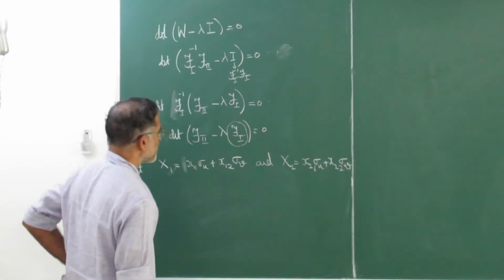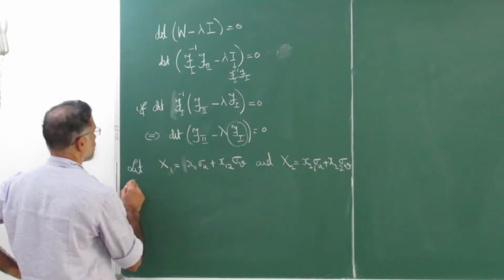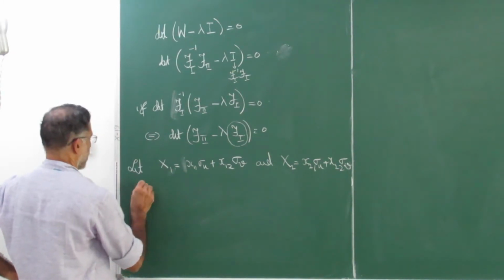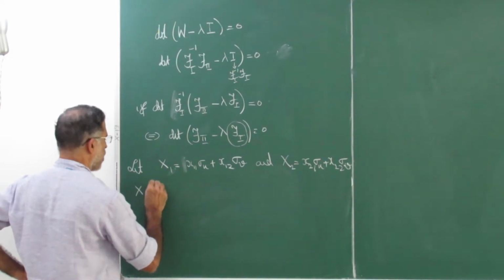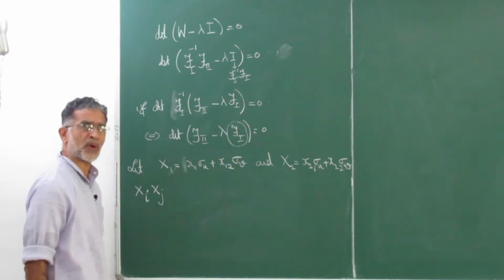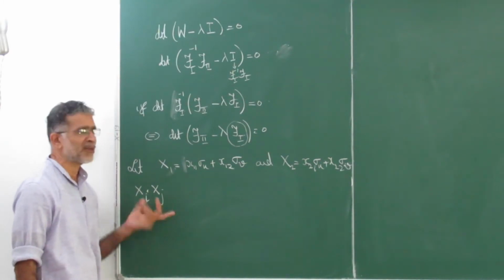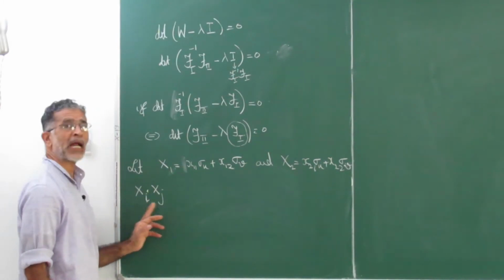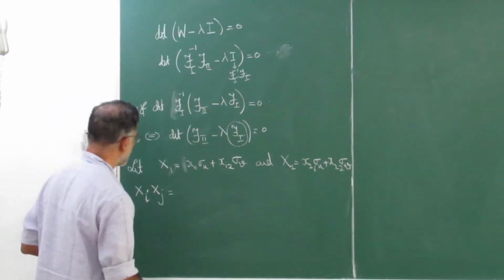What we are interested in is the dot product. So what is xi dot xj? All of them together: x1 dot x1, x1 dot x2, x2 dot x1, which is the same as x1 dot x2, and x2 dot x2. There are three quantities together. So what will you get?